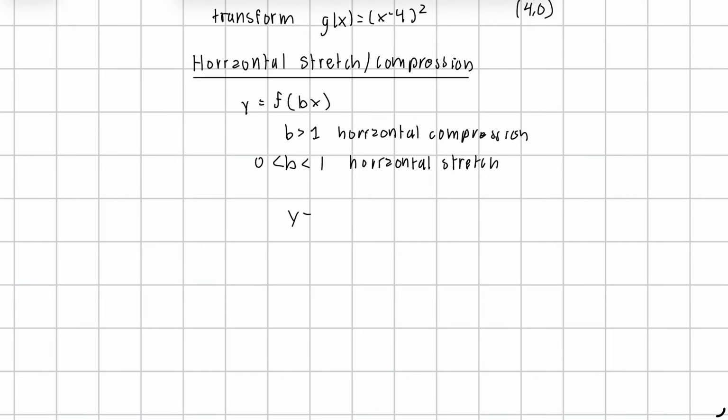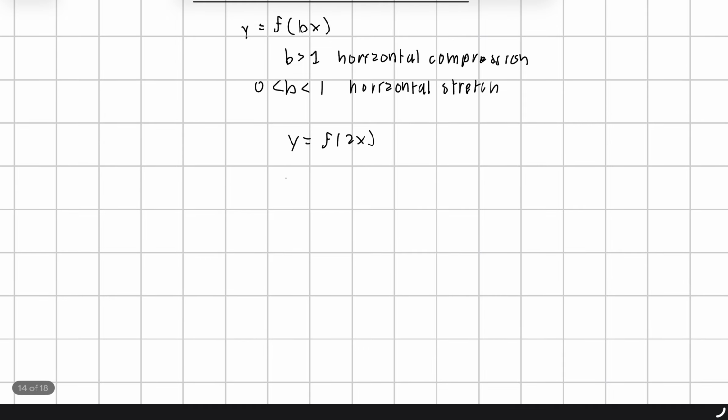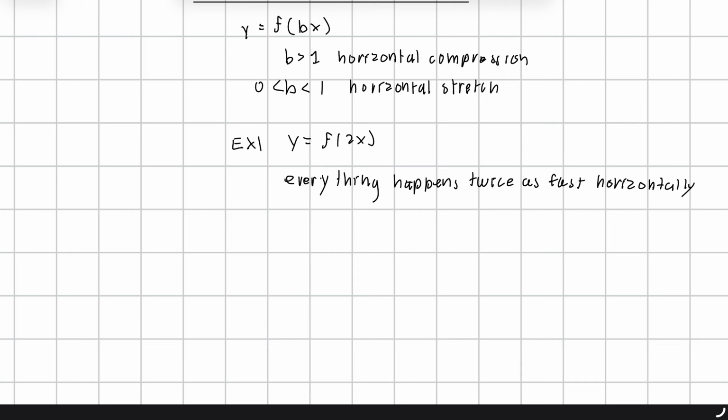So if you have y is equal to f(2x), we can say everything happens twice as fast horizontally. So what happens is our points are squeezed toward the y-axis.